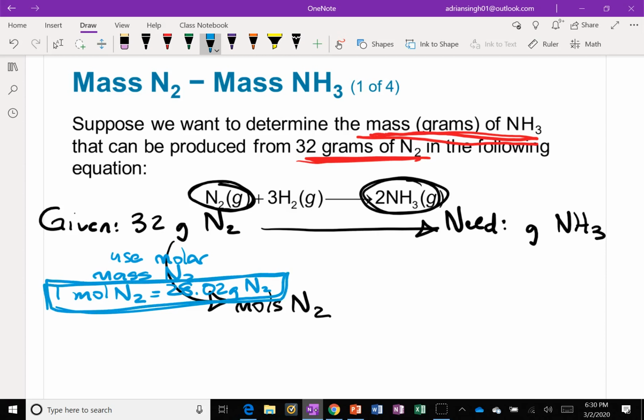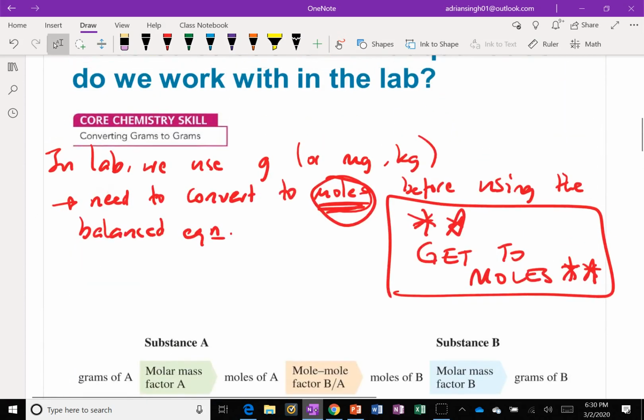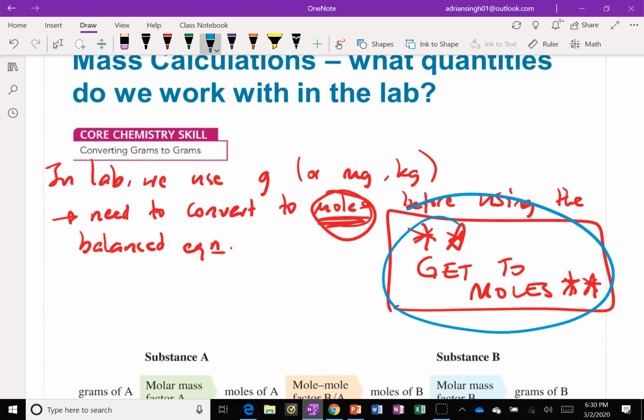The molar mass is the mass of 1 mole. That's what it means by definition. It relates the moles to grams, so we can use it to convert between the grams and the moles of N2. We need to get to moles of nitrogen for a couple reasons, but the most important reason is we set it up here. It's in red, highlighted and starred, which means we have to do it.